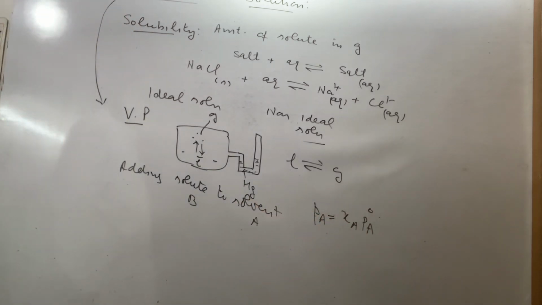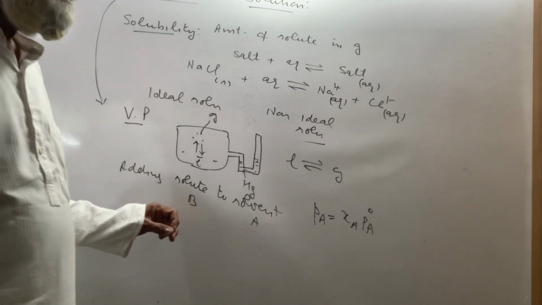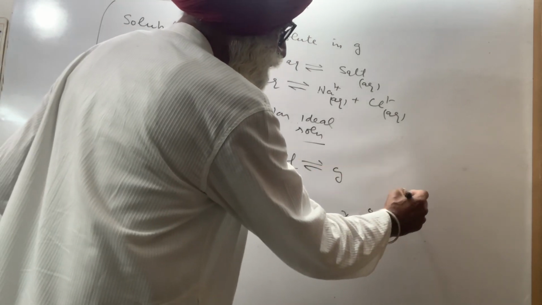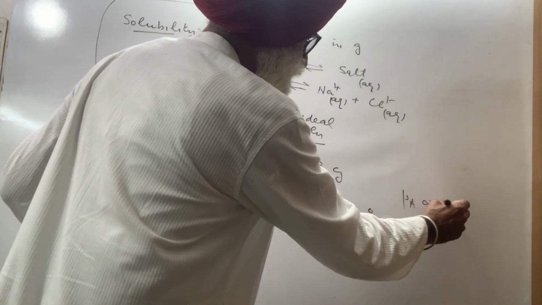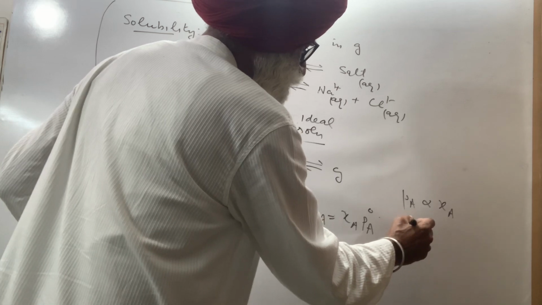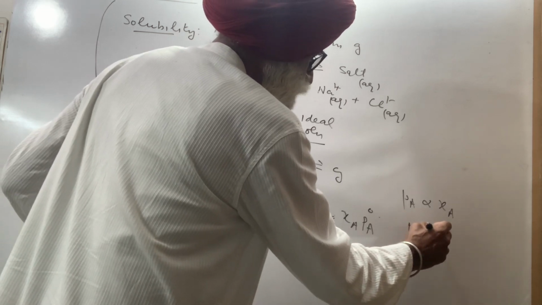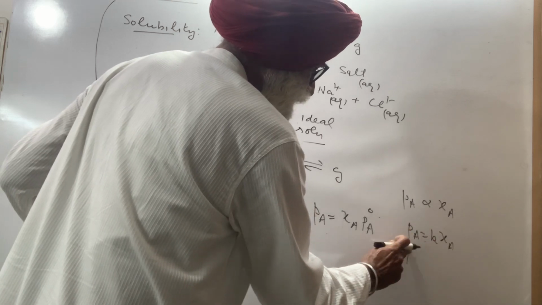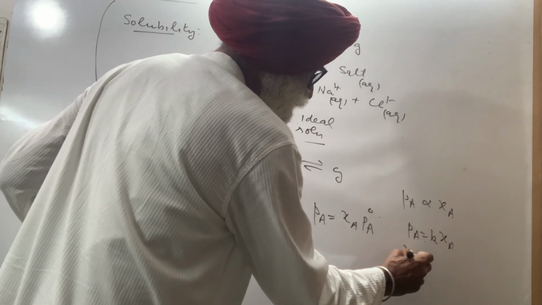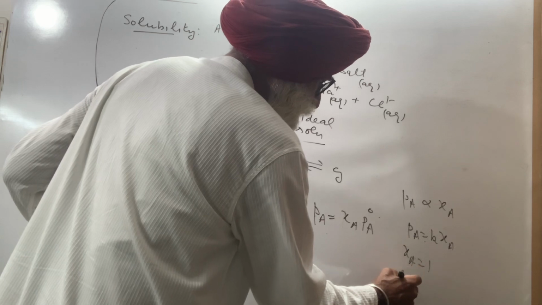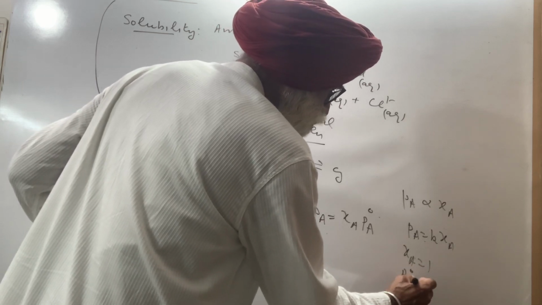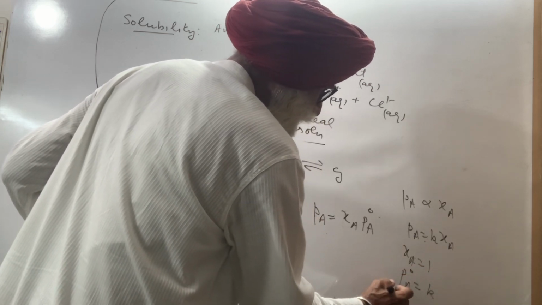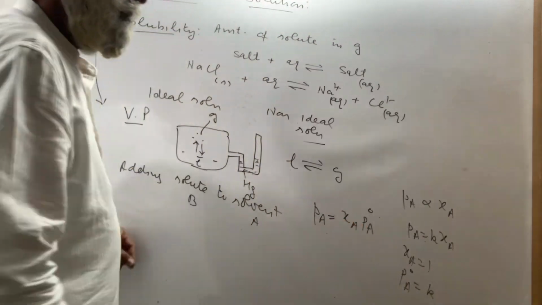Now, how is this derived? For example, vapor pressure is proportional to XA. So naturally PA is equal to K into XA. Now when XA is equal to 1, then PA will be equal to PA naught and equal to K, and this formula will be coming.